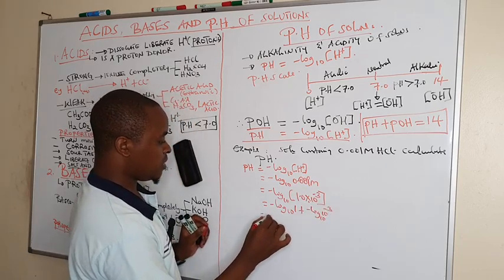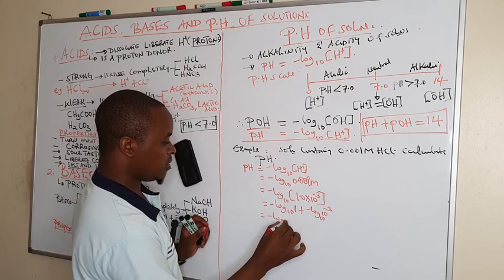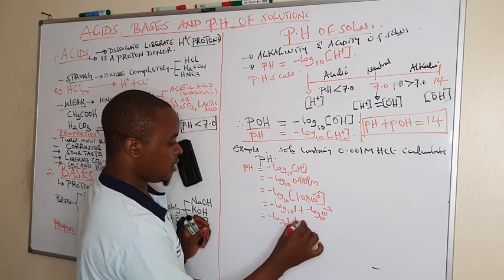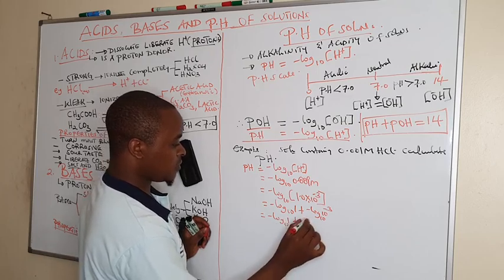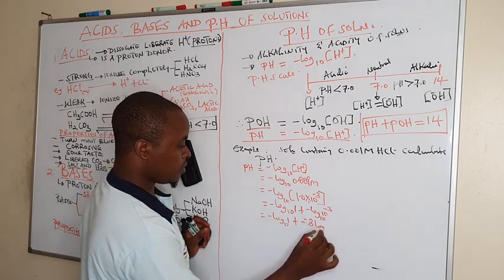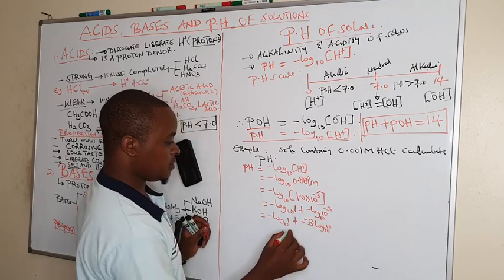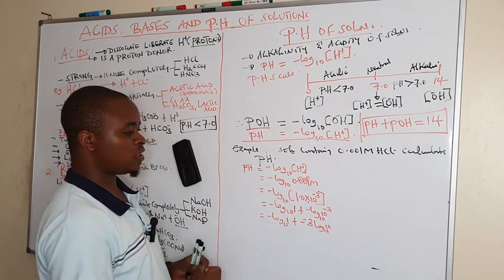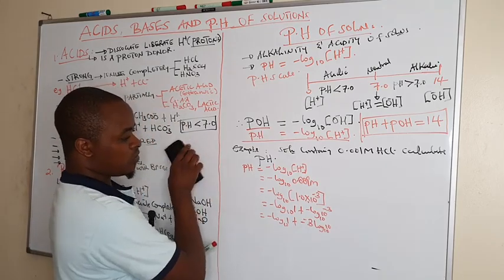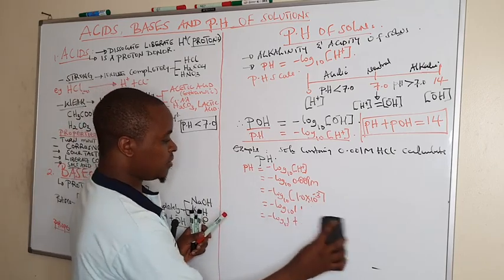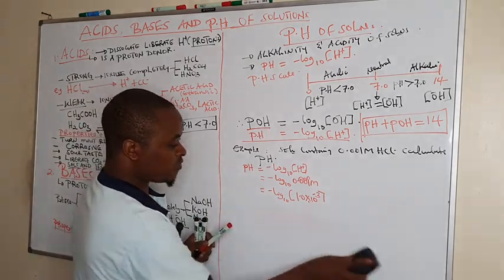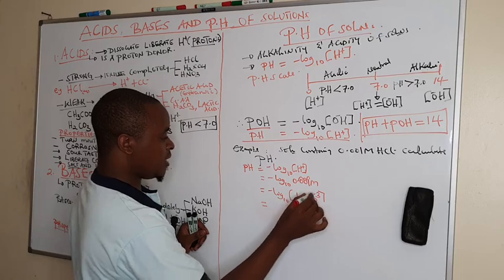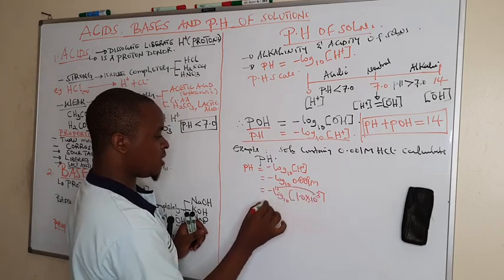And this leads me to negative log 10 of 1 plus negative 3 log 10 of 10. At the long run, even if I stop here without applying the rules of logarithms, this negative shall come to this side and join with the negative.